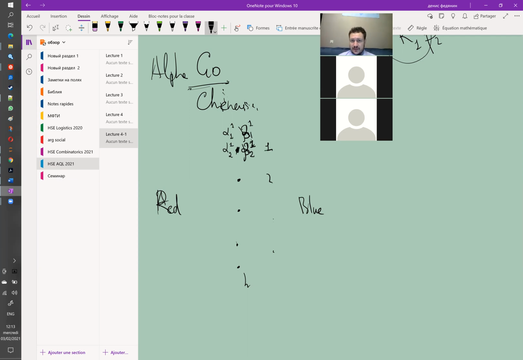Then they have their own utility functions, like U1 and U2, U red and U blue. It's like their budget. So when blue comes here, he gets this number, the largest.